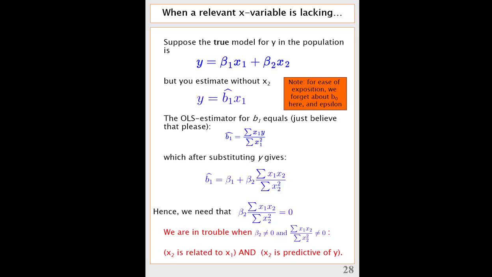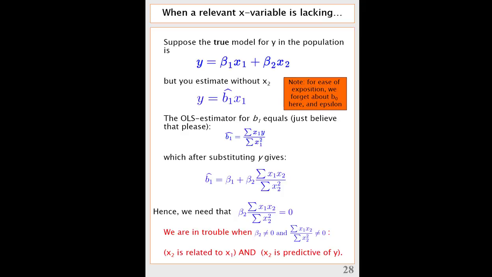What does it mean that beta 2, if that is not equal to 0, that would mean that x2 is a decent predictor of y. If x2 is really predictive of whatever the y is, then that beta 2 is not equal to 0. And then we're halfway in trouble because this part is not 0. And let's see what that is. Well, if this is predicting y from x1, then this is predicting x2 from x1.